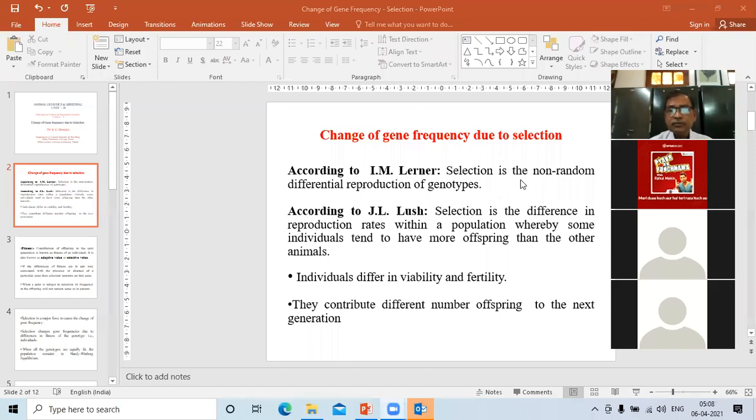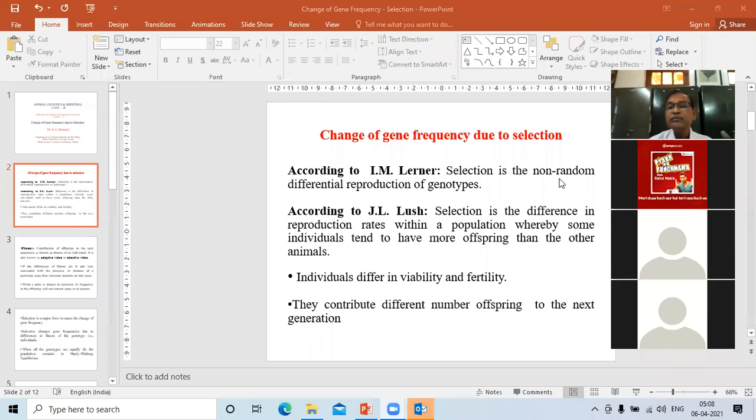There are a few terms. One is the non-random differential reproduction. What does it mean? Random means that the probability of every event is equal. Random meeting is the meeting of individuals in which each and every individual of a particular sex has an equal chance of meeting with any one individual of the opposite sex in a population.